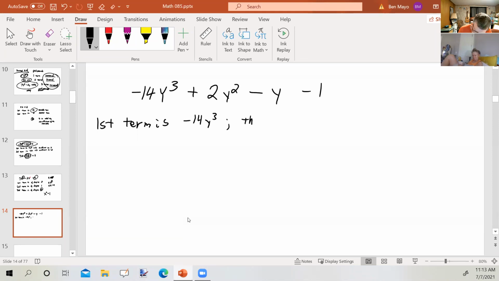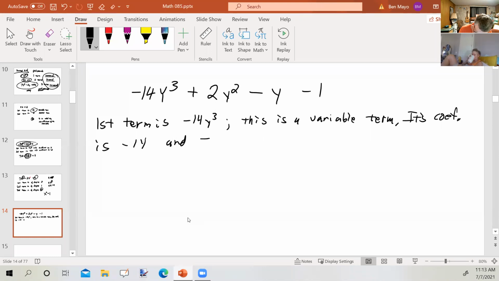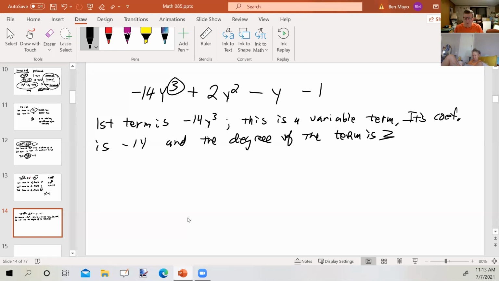This is a variable term because it contains at least one variable. Its coefficient is negative 14, and the degree of the term is 3.